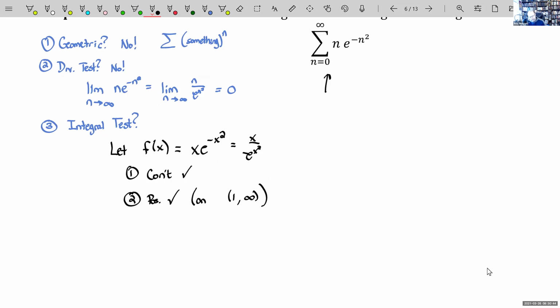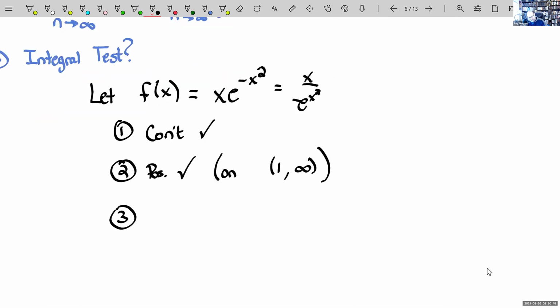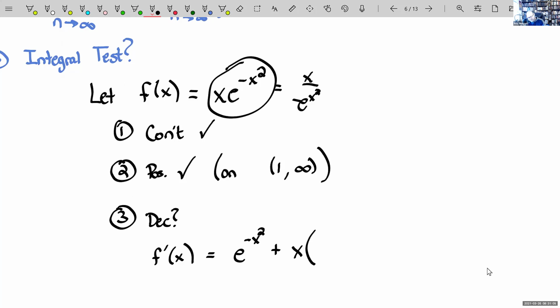The hardest part, which is not hard at all, is just seeing if it's decreasing. And so we just take the derivative. F prime of x is equal to, I'm going to actually use the product rule here because I hate the quotient rule. So a derivative of the first is 1 times the second plus the first times the derivative of the second, which is going to be a negative 2x e to the negative x squared.